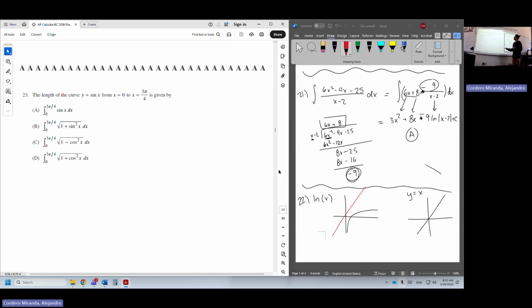Length of curve from that. Oh, that is BC only. Maybe you don't remember this, but the length of a curve is easy if you remember the formula. It's hard if you don't.